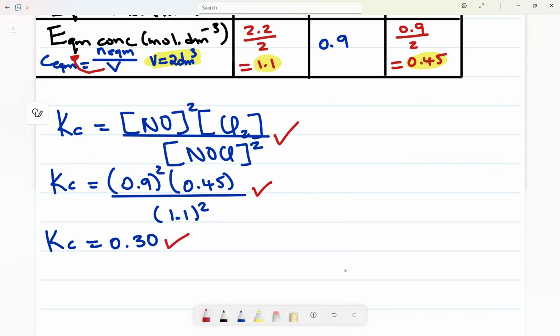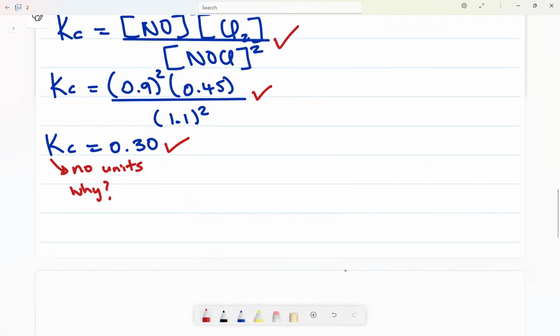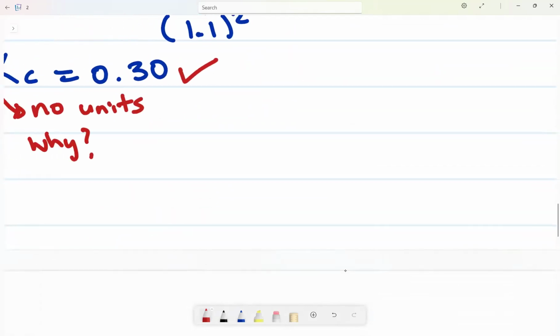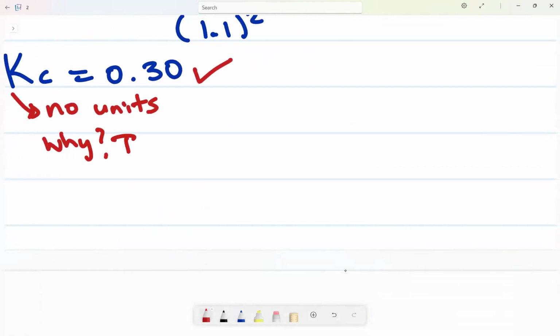Remember, Kc has no units. Why? The question is why. The answer to that question is that it is a ratio. It is the ratio of concentrations.